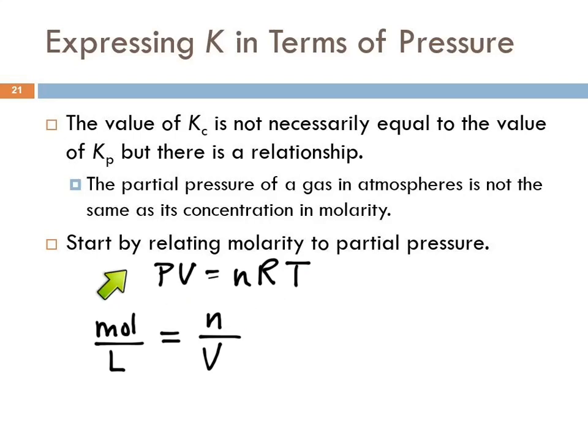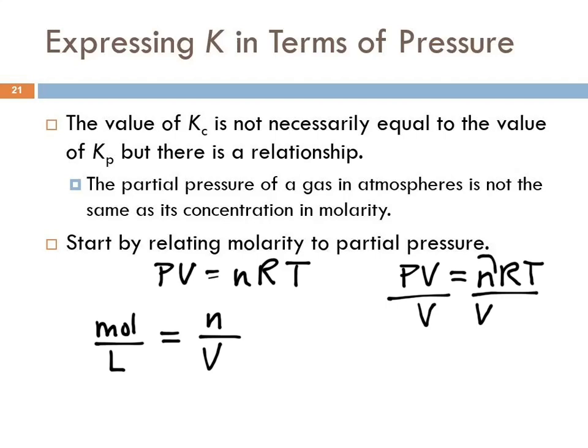So let's try to rearrange PV equals nRT so that we can get n over V equals something. I'm going to divide by V on both sides, because this is the part I want together. These V's are going to cancel out.